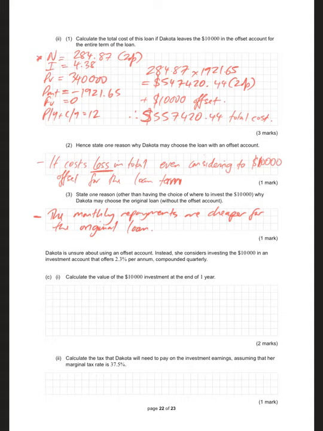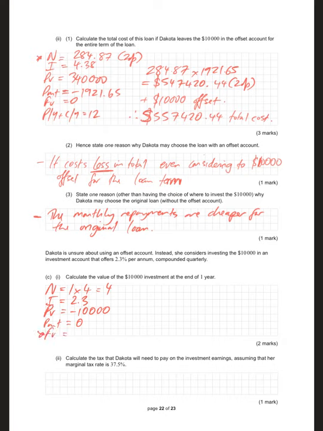Dakota is unsure about using an offset account. Instead, she considers investing 10 grand in an investment account offering 2.3% compounded quarterly. Calculate the value of the investment at the end of 1 year. N is 1 year times by 4 because it's compounding quarterly, 4. Interest rate is 2.3. PV, she put 10 grand into the bank, so negative 10,000. PMT, she's investing it, not putting payments in, so PMT is 0.